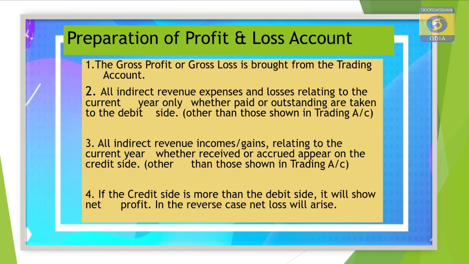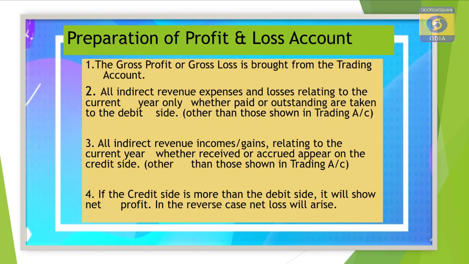profit and loss account. Similarly, all the indirect revenue incomes or gains that relate to the current year, irrespective of whether we have received them or they are accrued, they all appear on the credit side of the profit and loss account.